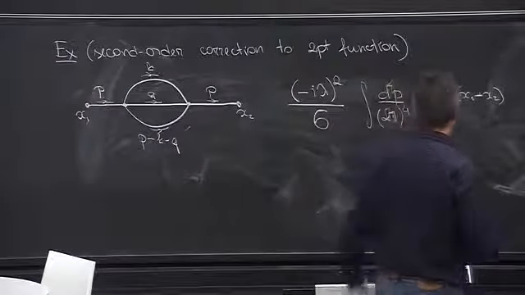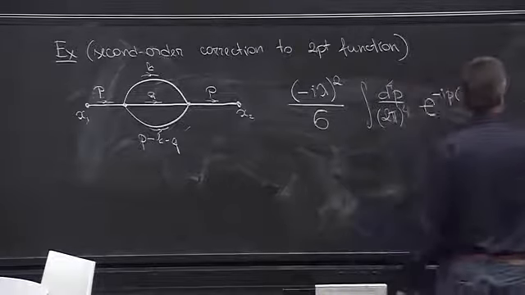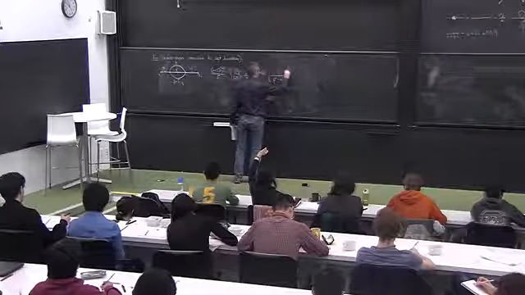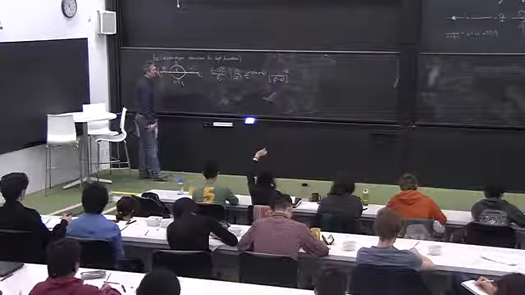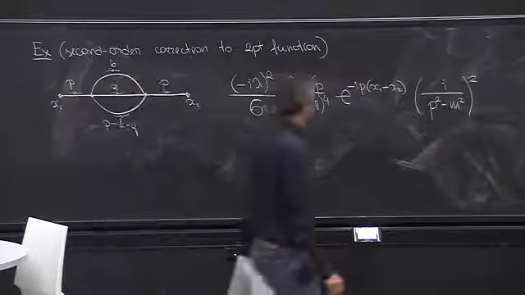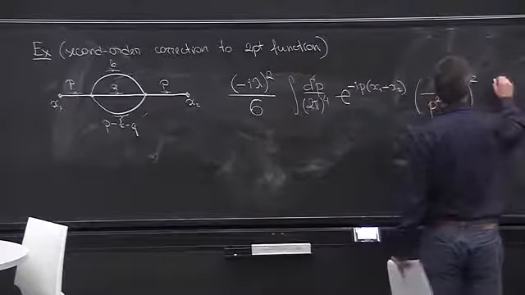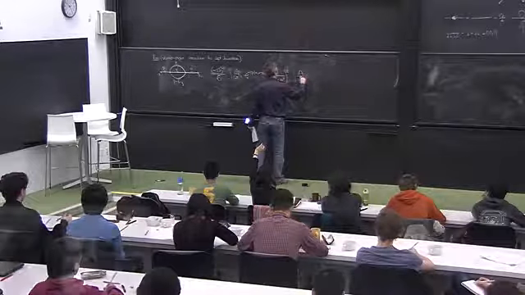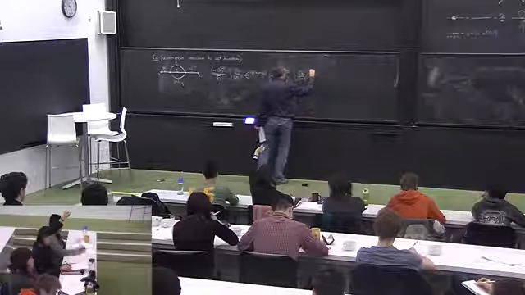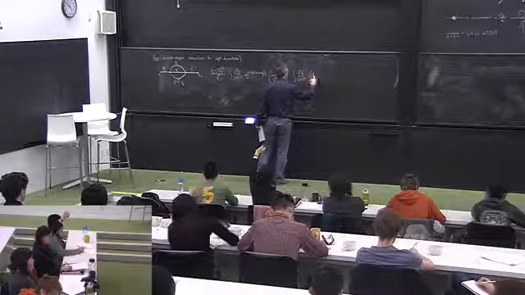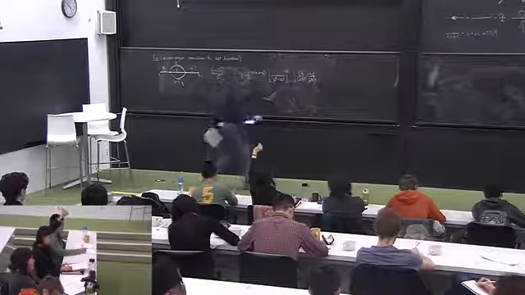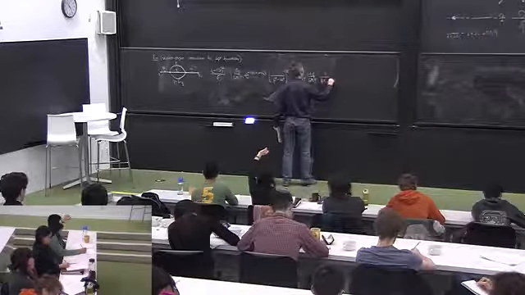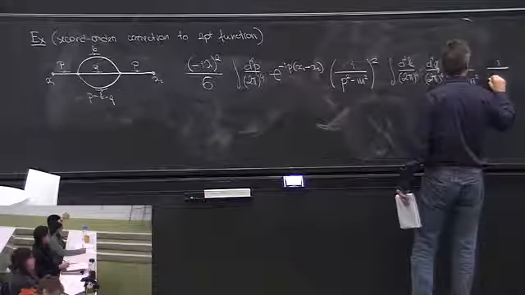Then the interesting part appears here. There are also two propagators with this momentum, so there is a factor of i divided by p squared minus m squared. And then there will be an integral over the two momenta k and q, and we should multiply all propagators that appear here.